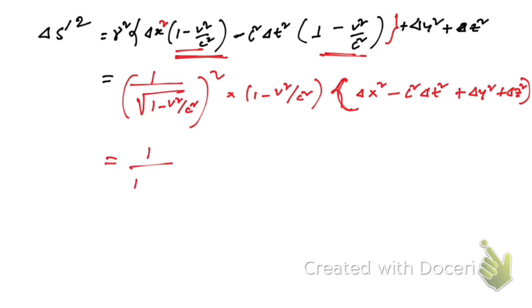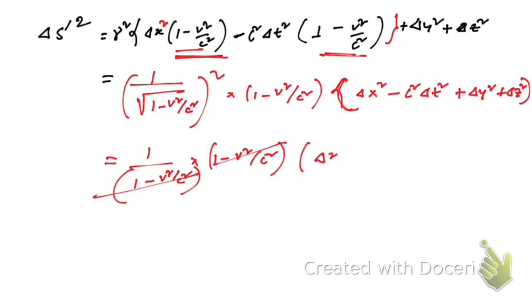So 1 minus v square by c square into 1 minus v square by c square. So this cancels, right? This cancels, and within bracket what we're gonna have? Del x square. Let me rearrange the terms, del t square. That's what we have got.